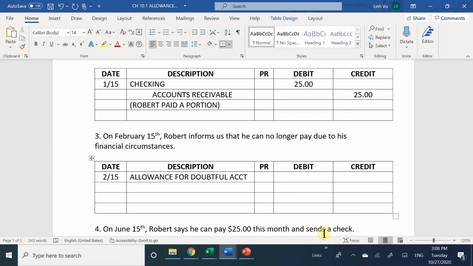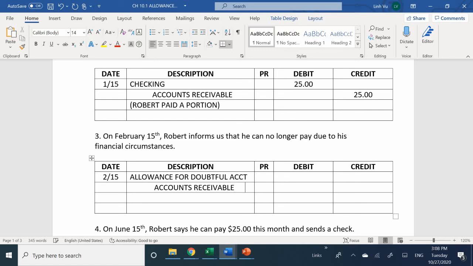So here we have allowance for doubtful accounts. And then there'll be accounts receivable, because we have to move it from the accounts receivable into the possibility of bad debt.